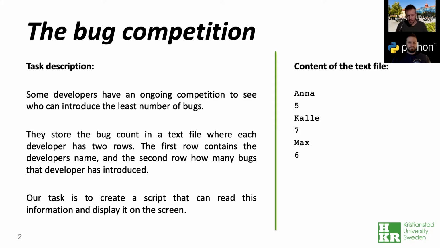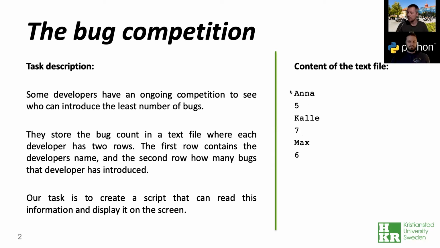All right, so we have the task description on the left here where it says that we have a few developers who have an ongoing competition to see who introduces the least number of bugs into their code. And they store the current standing for number of bugs that they have introduced in a text file, and we can see the current content of the text file on the right hand side.